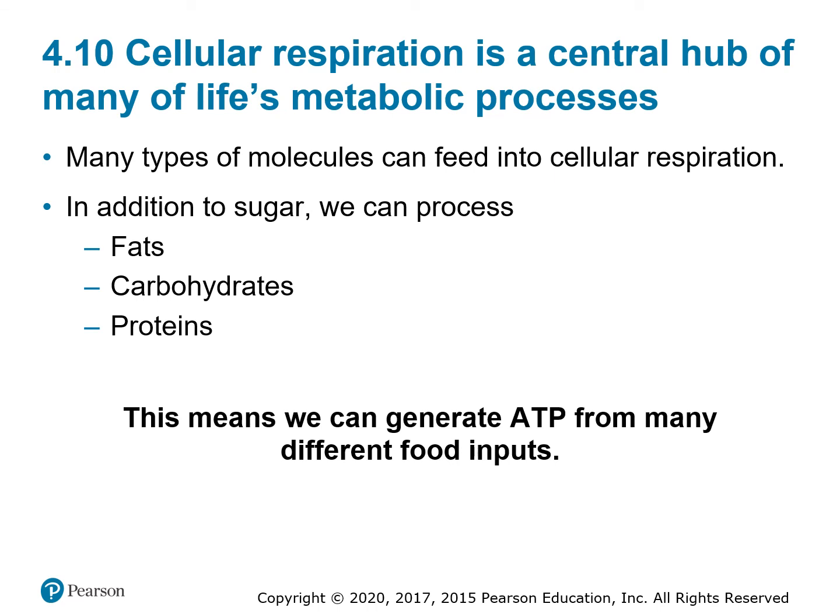Well, it turns out that many types of molecules can feed into cellular respiration. It's just they feed in at different places than what I showed you with the standard cellular respiration that starts with glucose. So in addition to sugar, fats, other carbohydrates, and proteins can all be broken down to generate ATP from a number of different food inputs.